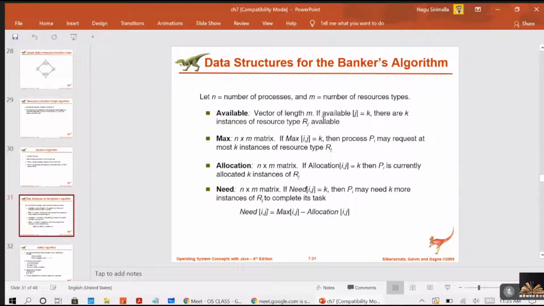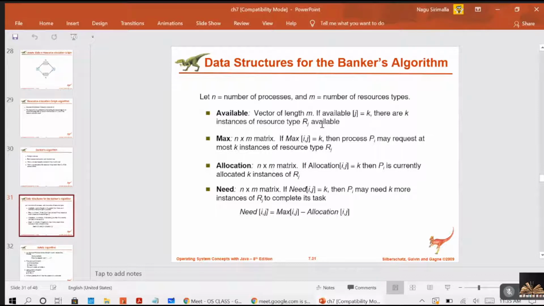That is, if Available[j] is equal to k, that means there are k instances of resource type Rj available. Clear? Available.